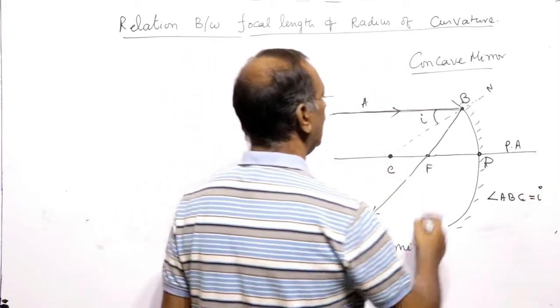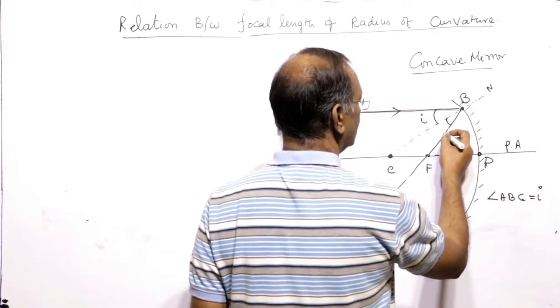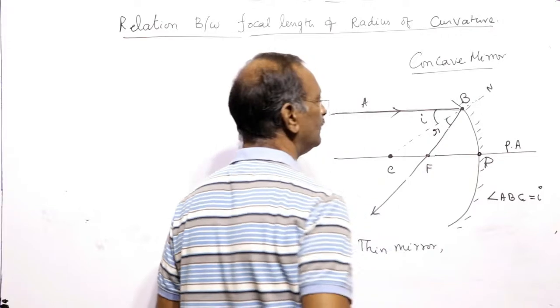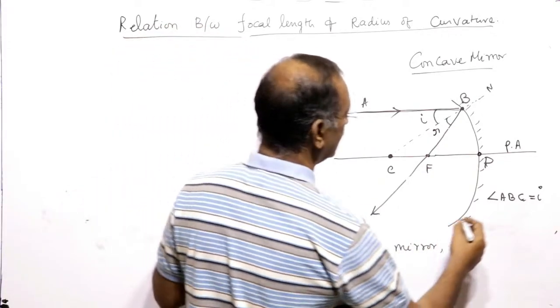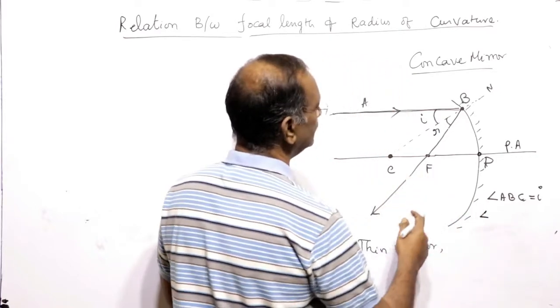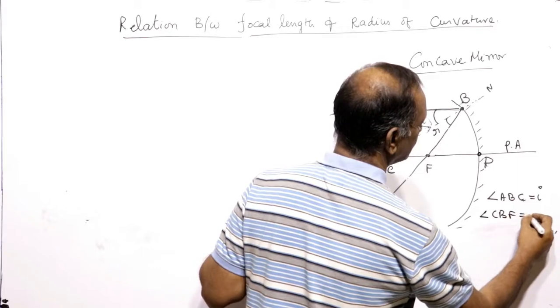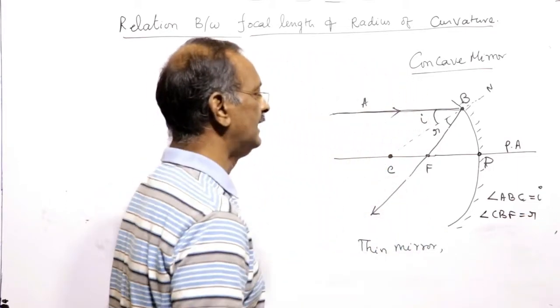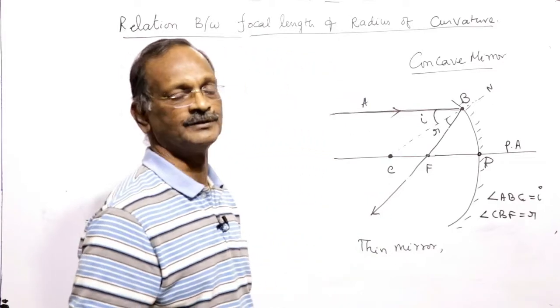With respect to the law of reflection, the angle between the normal and the reflected ray is the angle of reflection, so angle CBF is equal to R. I is the angle of incidence, R is the angle of reflection.